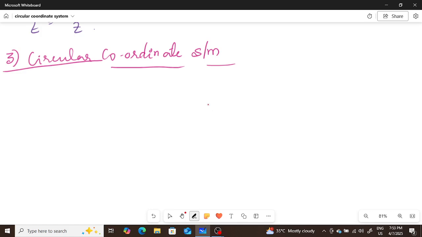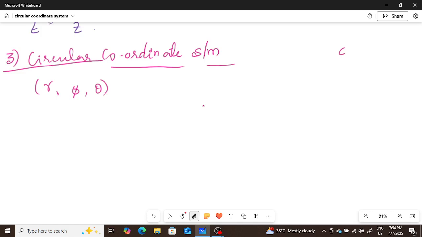Just try to recall what the coordinate points are in the other coordinate systems. Here the three points are R, phi, theta.